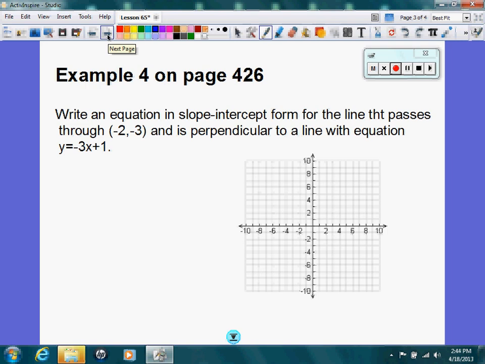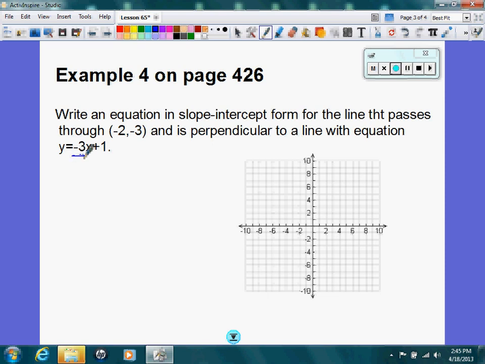Okay, let's look at example 4 on page 426. Write an equation in slope-intercept form for the line that passes through (-2, -3) and is perpendicular to the line with equation y equals -3x plus 1. We could graph this equation. What is the slope of this line?